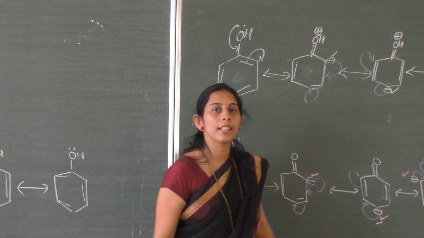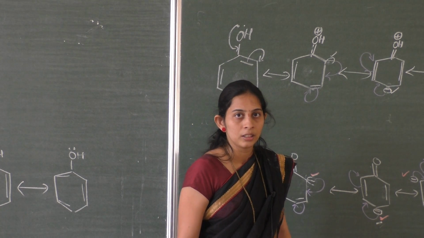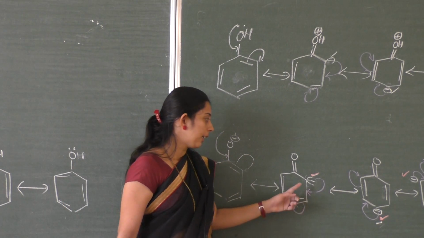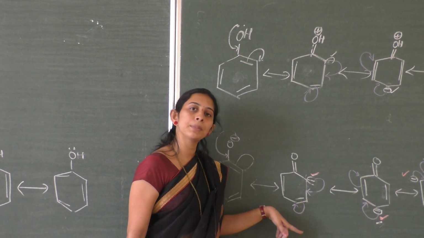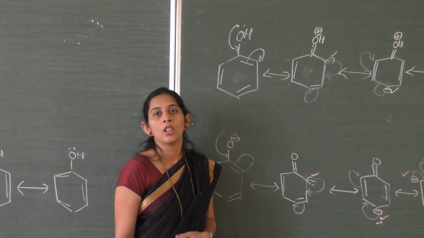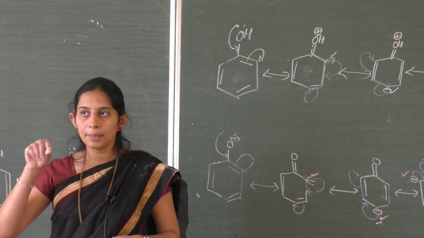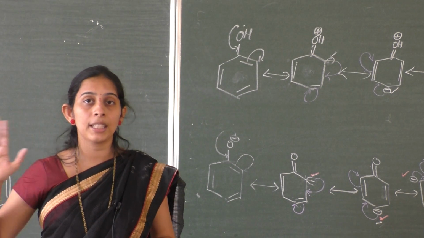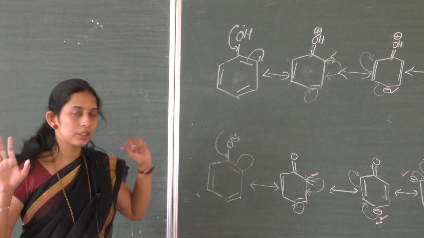That's why we wrote a resonance structure. From the resonance structure we can say that the new group always comes and attaches at the ortho as well as the para position. Hope it is clear. That is explained by the resonance structure.